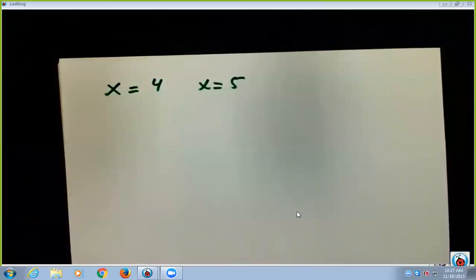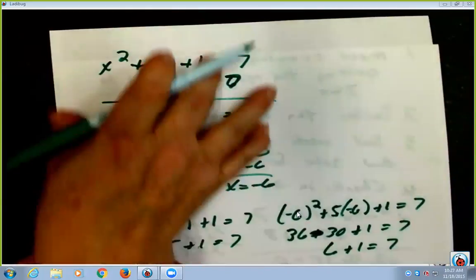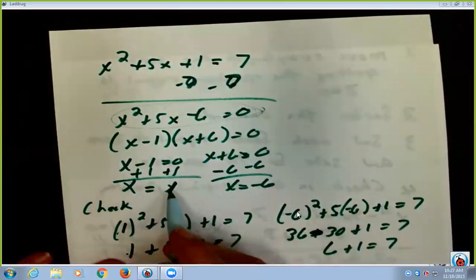So they might give you that for your answers. And now they're going to say, okay, put it back into what the quadratic equation happened to be. So if I do the reverse of what I did over here, we're going to work it backwards to come back with what we have.